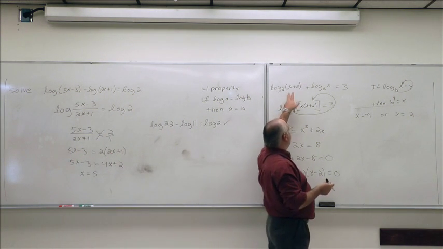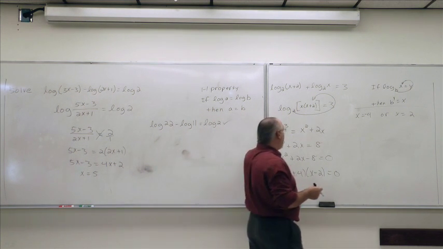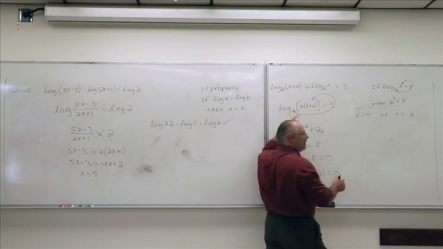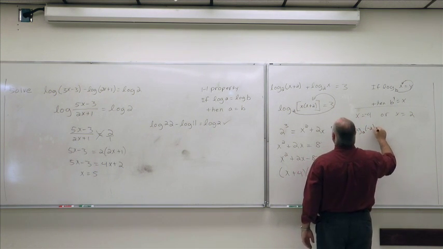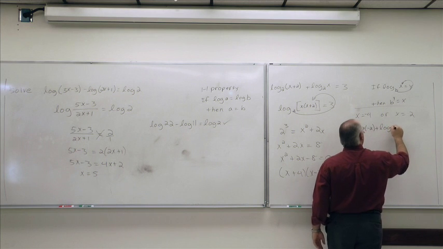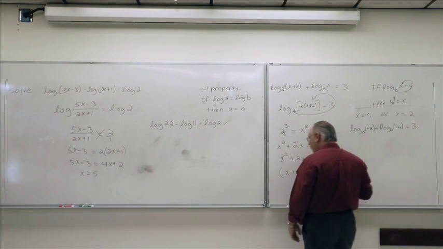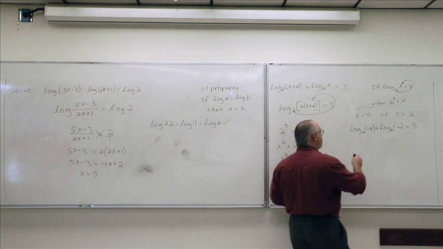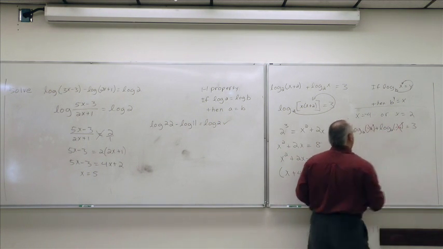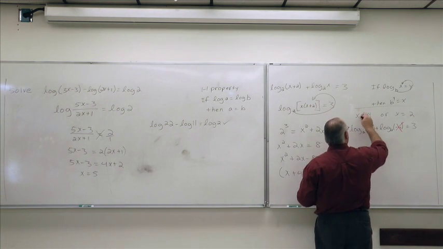Remember, you can only take the log of a positive number. So if I plug in negative 4, I get the log base 2 of negative 2 plus the log base 2 of negative 4 equals 3. Well, I can't take the log of a negative number, so this is out.